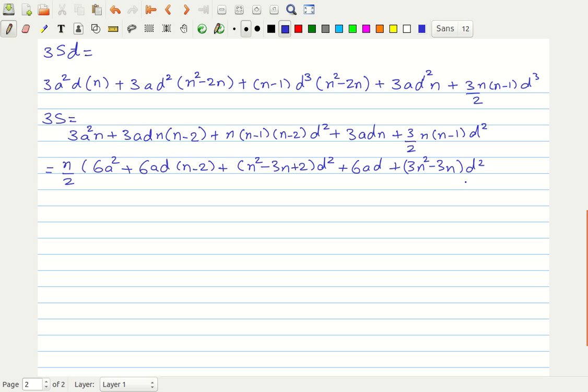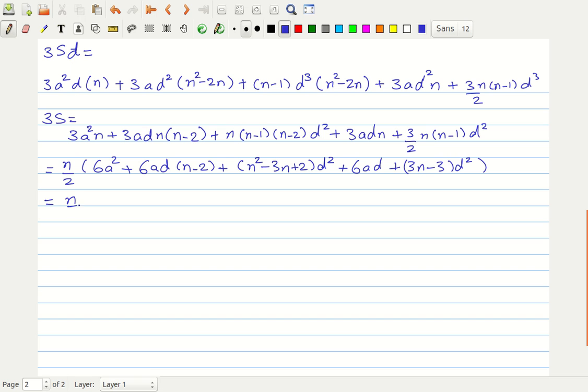Oh, I'm sorry, n has been taken out as a common factor, so this becomes 3n minus 3 d square. You just have to be a little careful while doing this algebra, because there are chances of making a mistake here, and if we make a mistake here, then we have to go all the way and repeat all these steps.